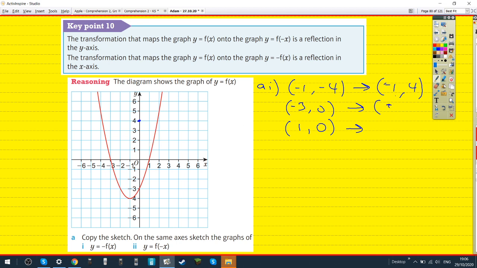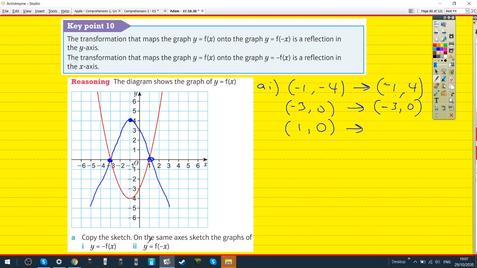Yep. So that one says no. You're not multiplying x by minus 1. Oh, so it just stays minus 3 and 0. So that one stays the same. Okay. And the last one is just 1, 0. And that one stays the same. And so the graph does a reflection in the x-axis. And you can use those 3 points to help you.